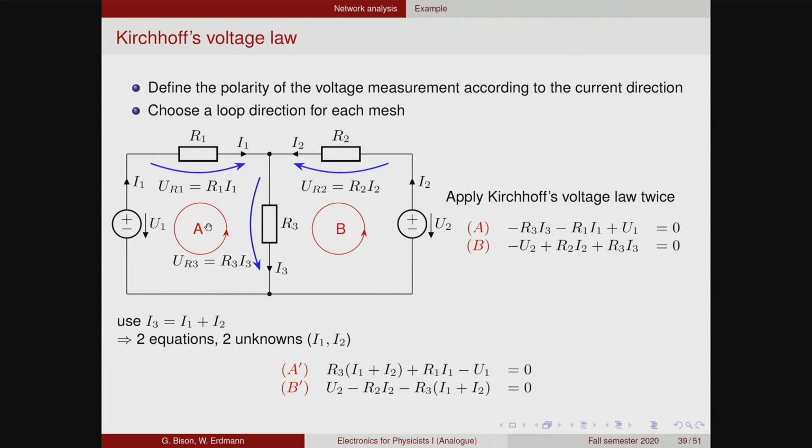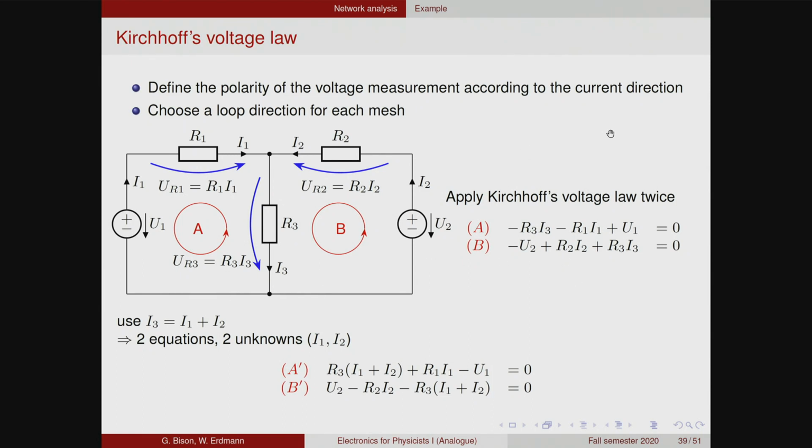So for mesh A, we define a sense of rotation, in this case, positive mathematical rotation sense, and see that this voltage here over resistor R3, the sense of rotation is different than this, so we count it negatively.